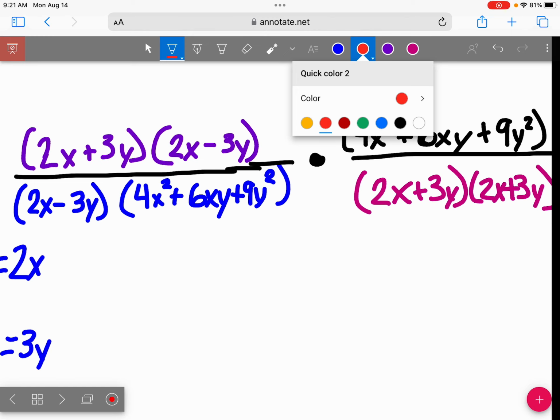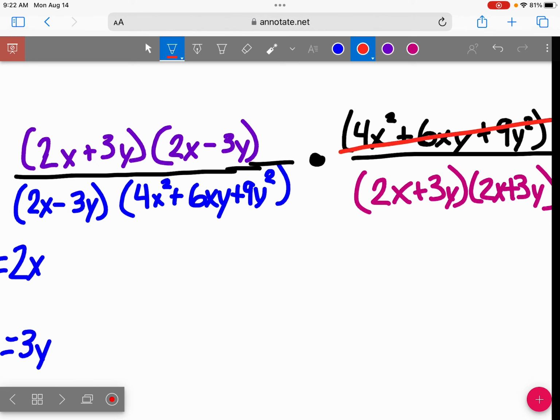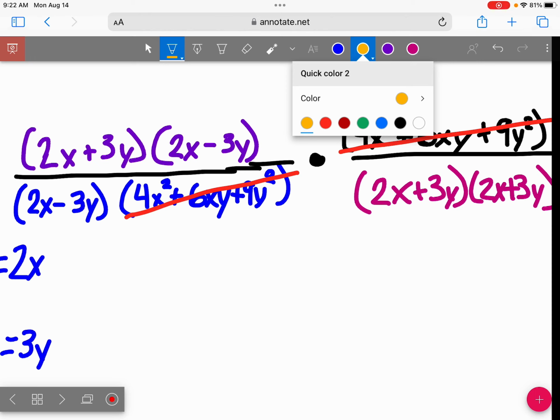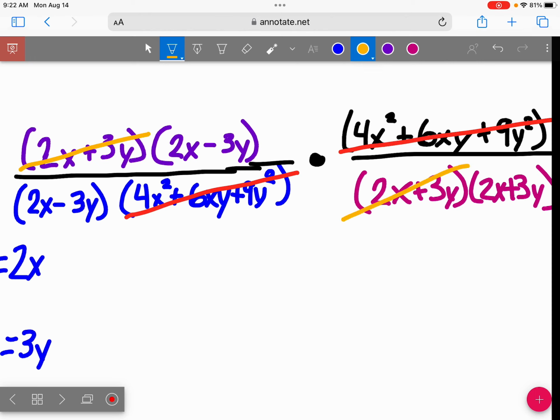What do we see that's the same top and bottom? That gross one. This piece is the exact same as that piece. They get to go away. Yay! Anything else? The 2x plus 3y and a 2x plus 3y.